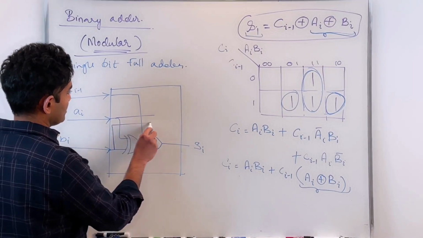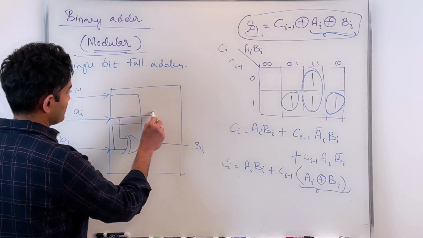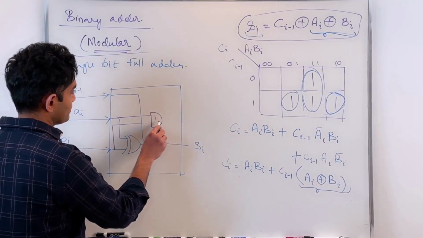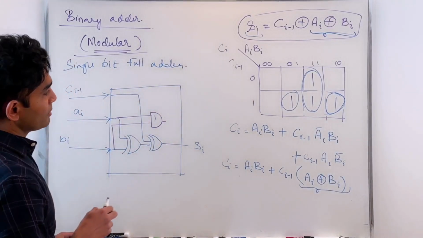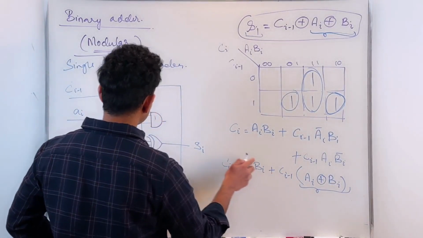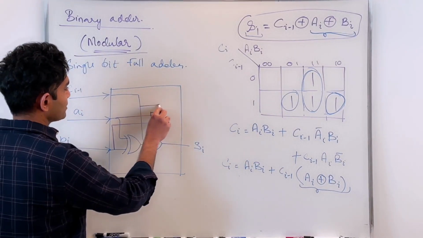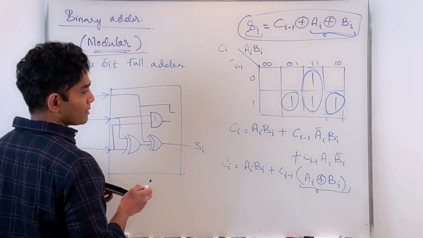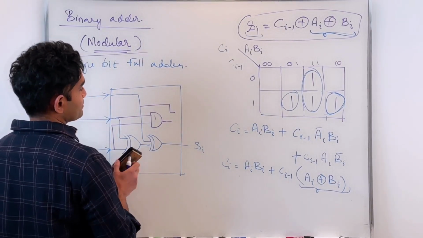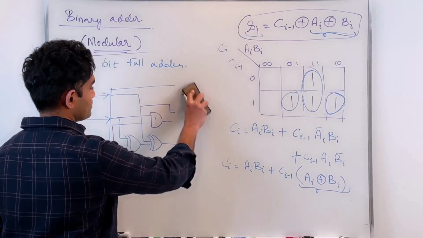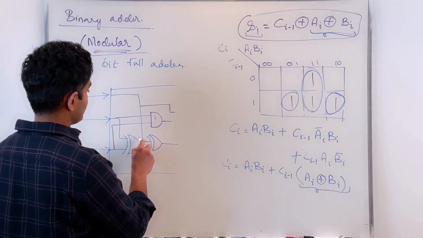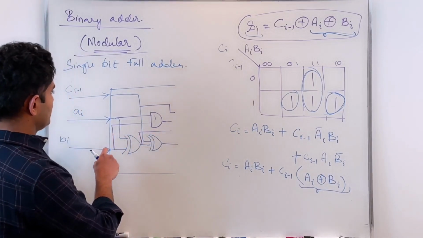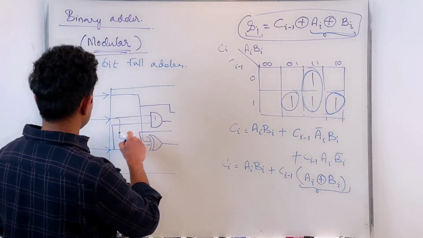So that's my Ai and Bi. Plus Ci minus 1. That's my Ci minus 1, times, so that's the exclusive OR between Ai Bi. Okay, where is this?